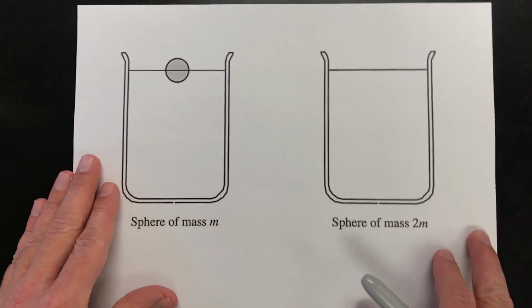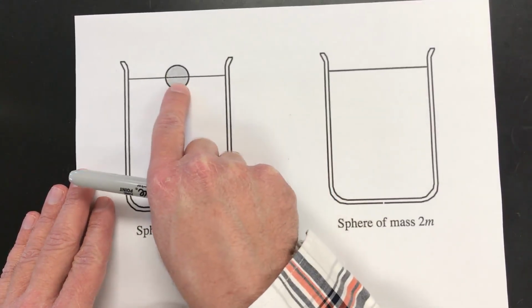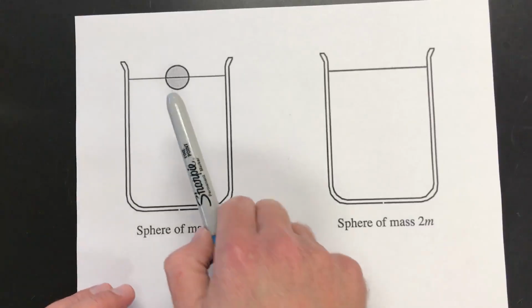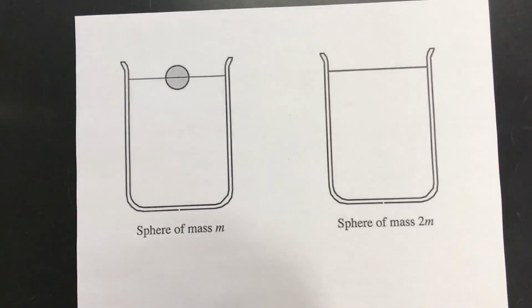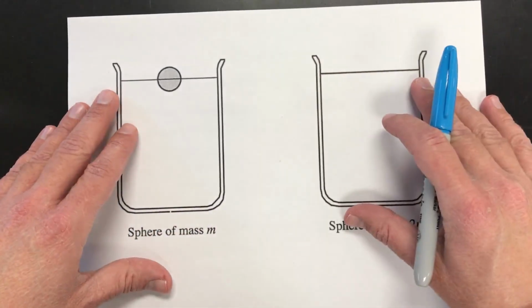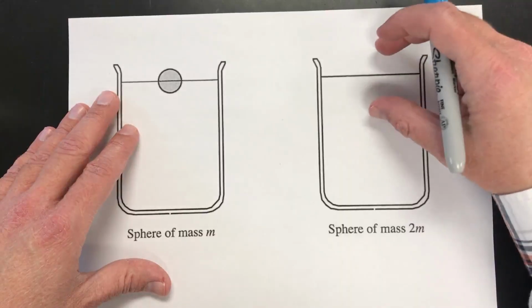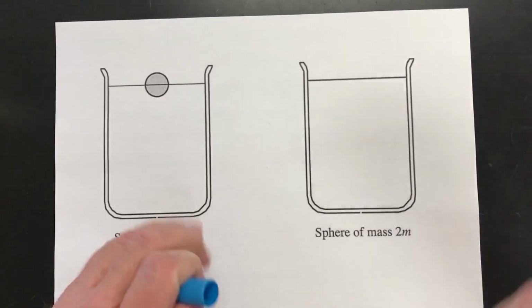Next part is they give us a ball here, and they say we've got this ball of some material, its mass m, and it floats, and if you look there, it's floating just about halfway in, halfway out. What if we get another ball made of the same material, so same density we'll assume, and it's a bigger one, its mass is 2m. What will happen when we stick it in here?